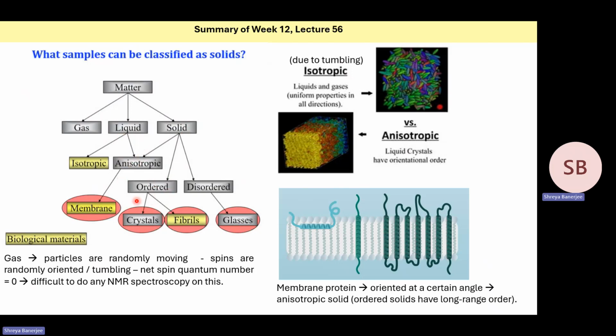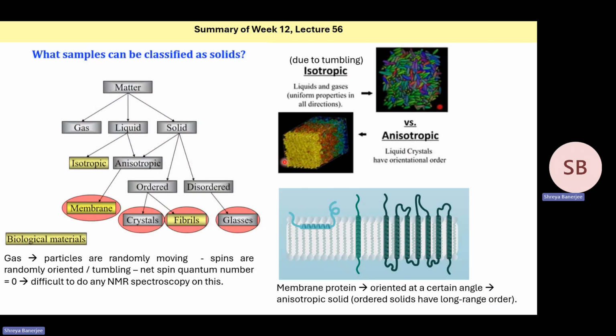Now, solids have two other types of classification, that is ordered and disordered. So what is the difference between anisotropic and ordered? Anisotropy, what we discussed, has short range order. For example, suppose this yellow part is one kind of order, and the red part is another kind of order.